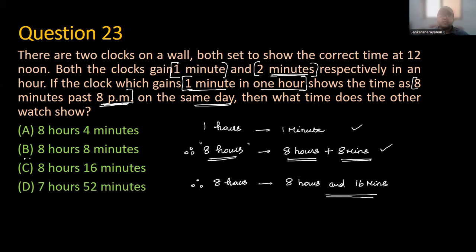So as far as this particular clock is concerned, the time it shows corresponds to 8 hours and 16 minutes, because when one is showing 8 hours, 8 minutes, in reality, 8 hours has gone over. So in that 8 hours, the other clock would have covered 8 hours, 16 minutes, because every hour it's gaining 2 minutes. Like that, 8 hours means it will gain 16 minutes. Okay. So the final answer for this question will be option C, 8 hours, 16 minutes.